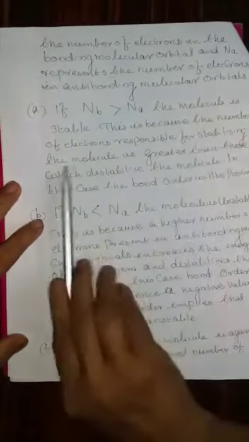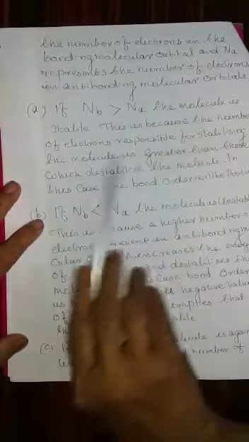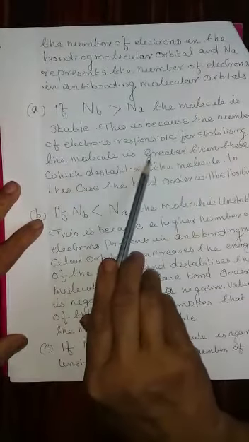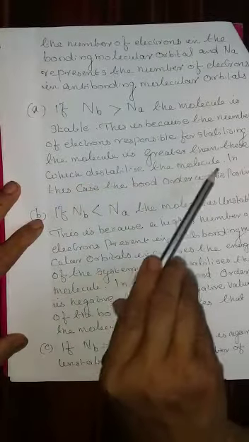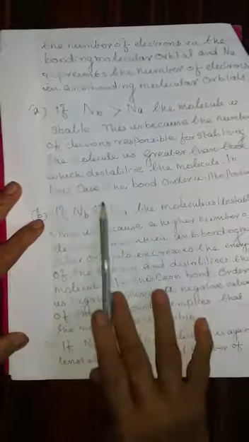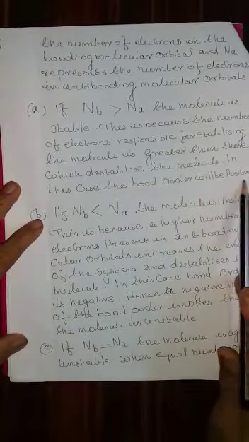This is because the number of electrons responsible for stabilizing the molecule is greater than those which destabilize the molecule. In this case, the bond order will be positive.